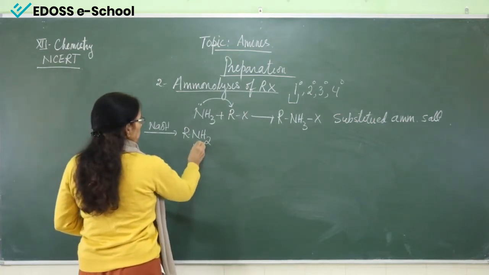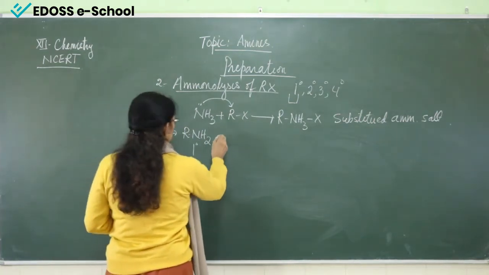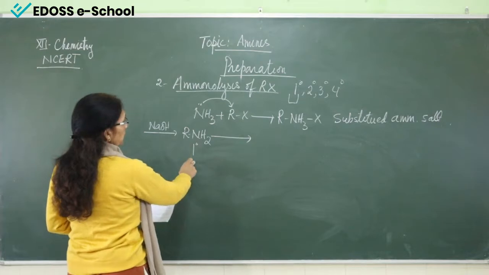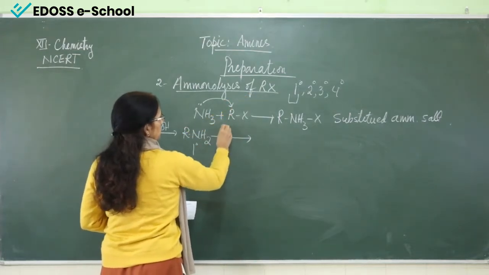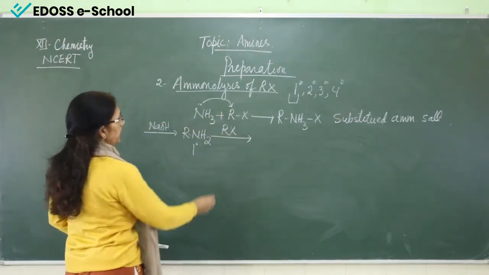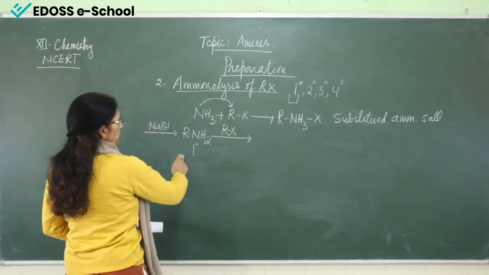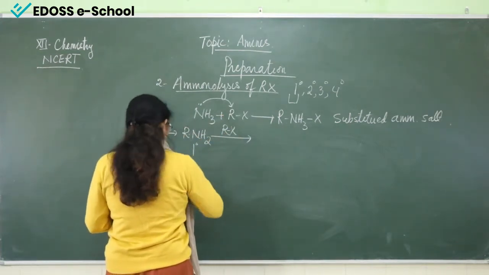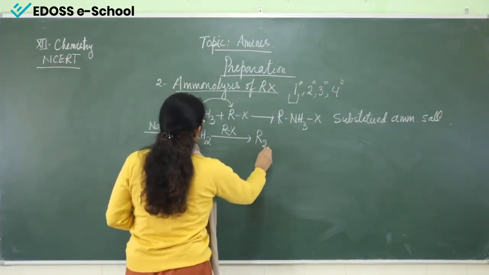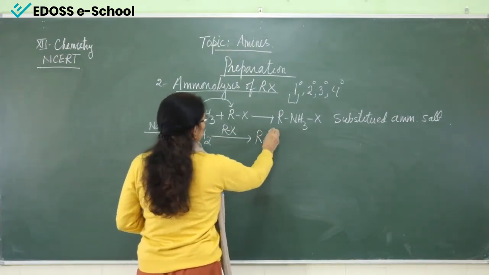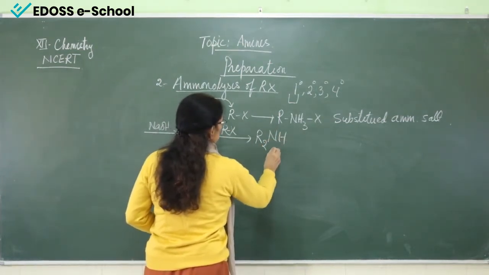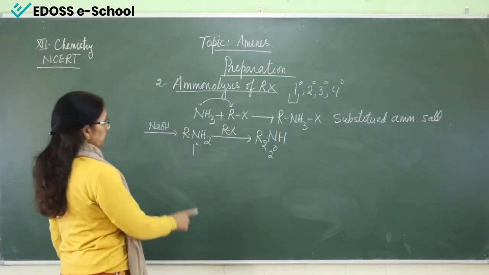And again this primary amine will react with RX, alkyl halide, and now it will form secondary amine. This is R2NH, and one hydrogen will be removed, so this will be secondary amine.